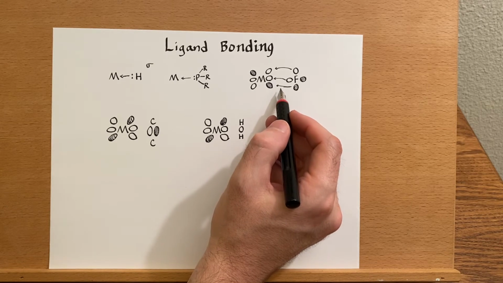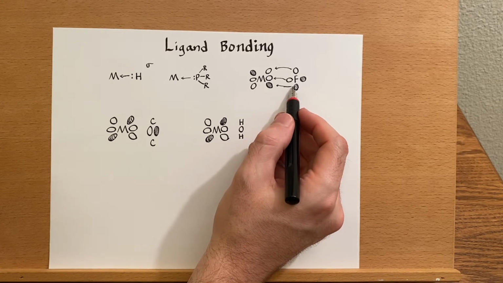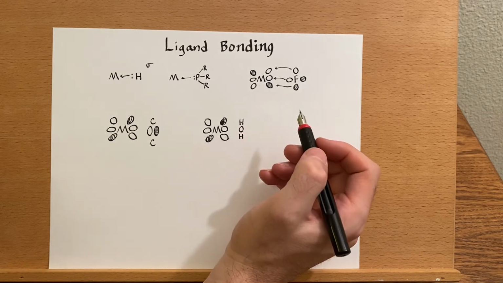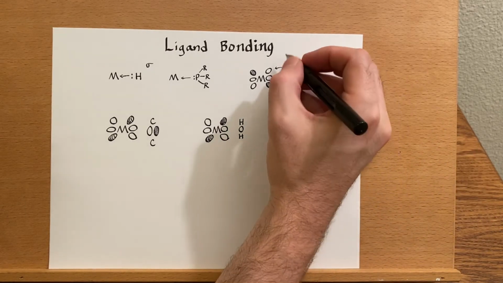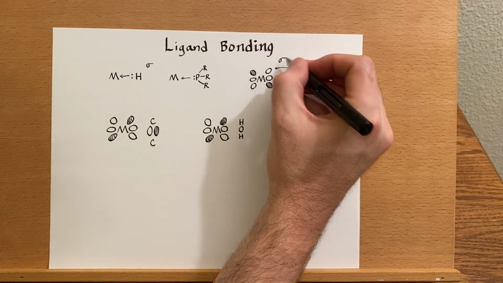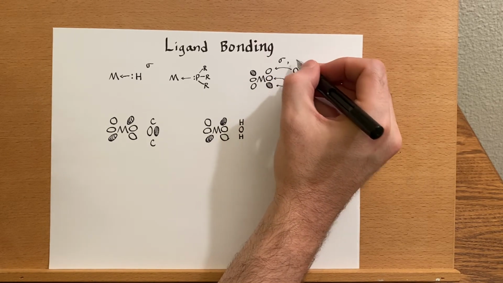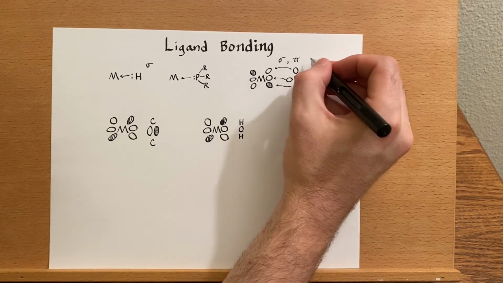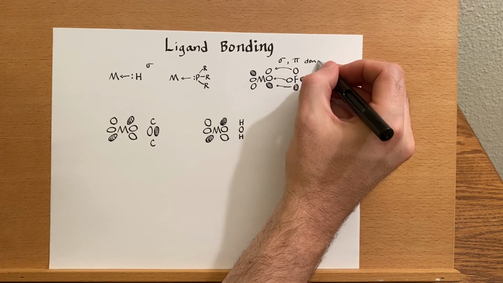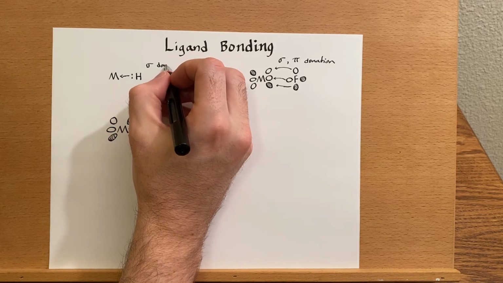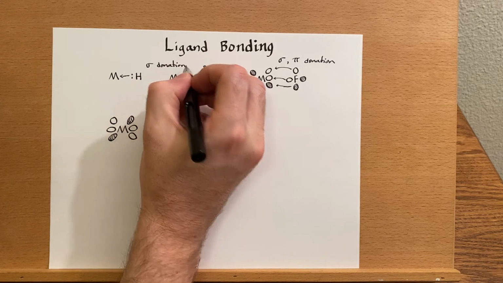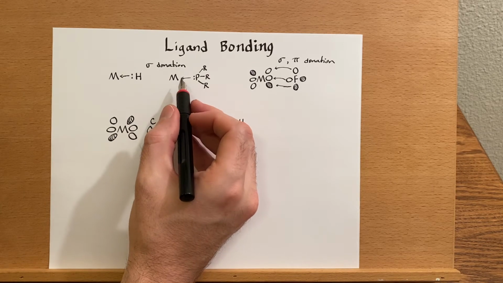Maybe I should not use back in this case because it's coming from the ligand to the metal. So pi donation to the metal. So this is sigma and pi donation. And over here we just have sigma donation.